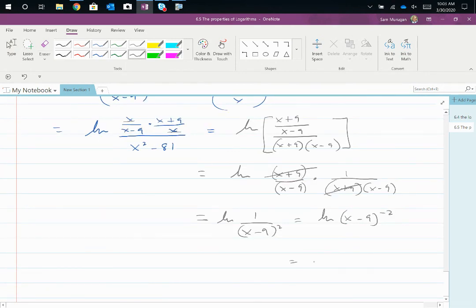So the solution from the power rule, negative 2 logarithm of x minus 9. I don't like the way this is written. Let me write it back for you. Negative 2 logarithm of x minus 9. There we go.